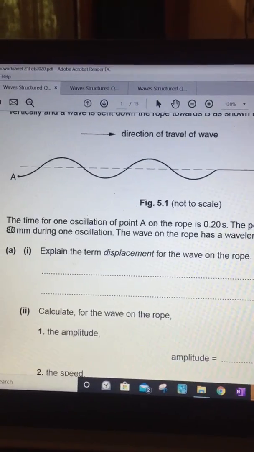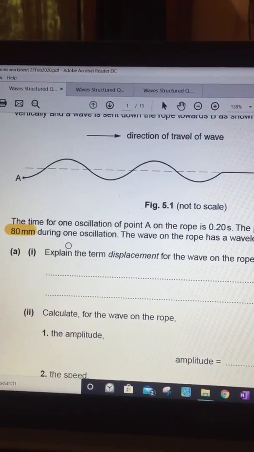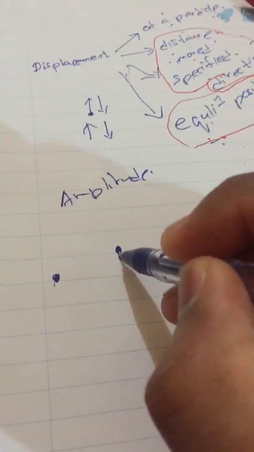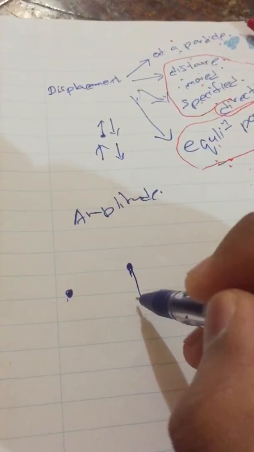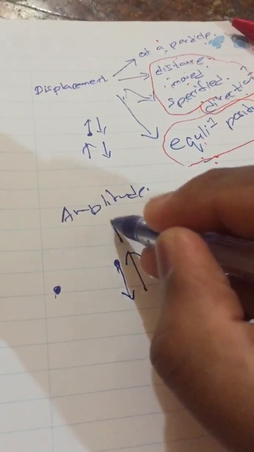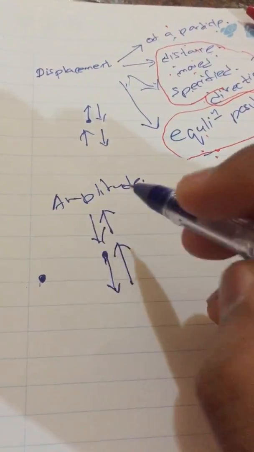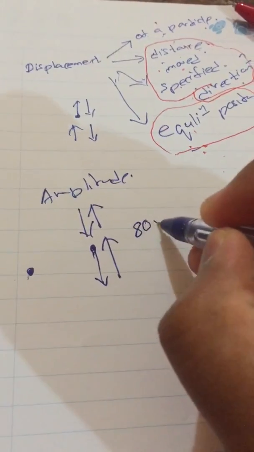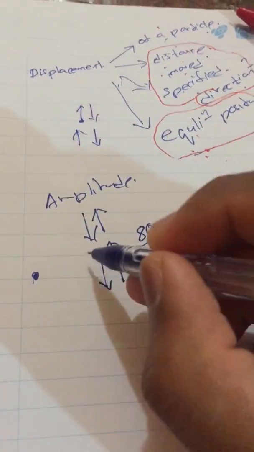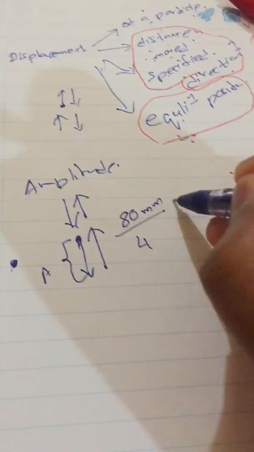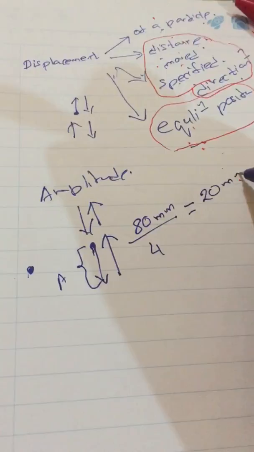During one oscillation, the particle goes, let's say, down, up, to the top extreme and comes back. These 4 movements are considered as 80 millimeters. So one part, which is the amplitude, will be equal to 80 divided by 4, that is 20 millimeters.